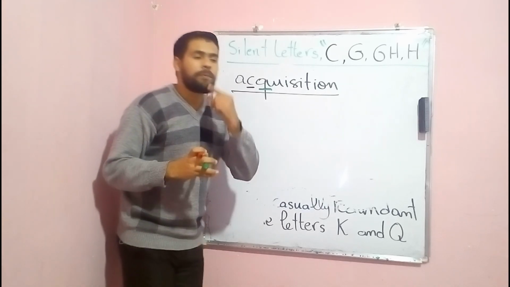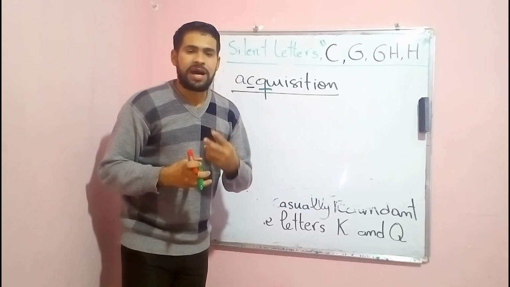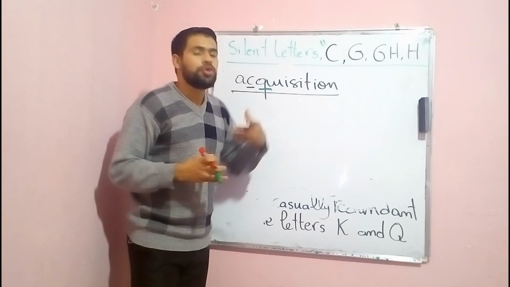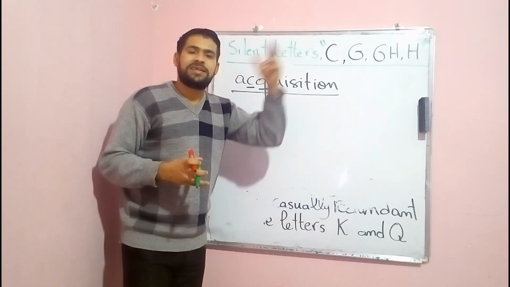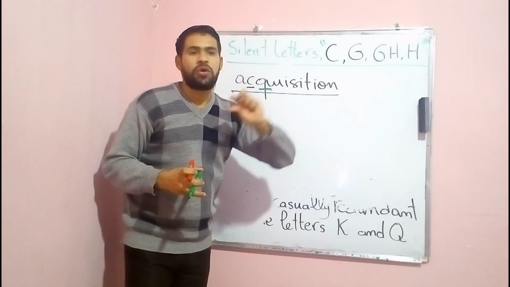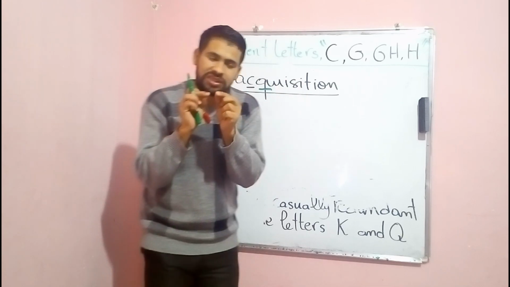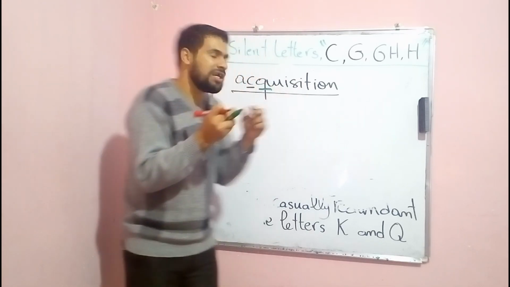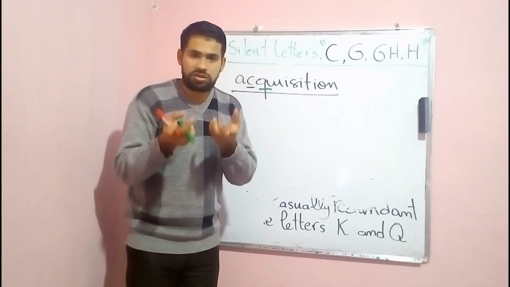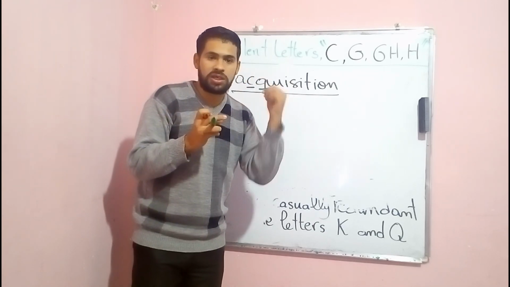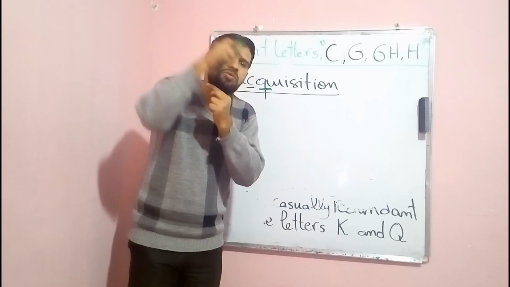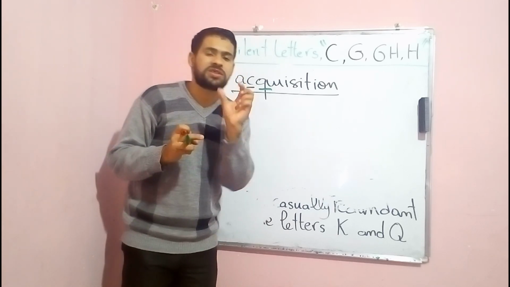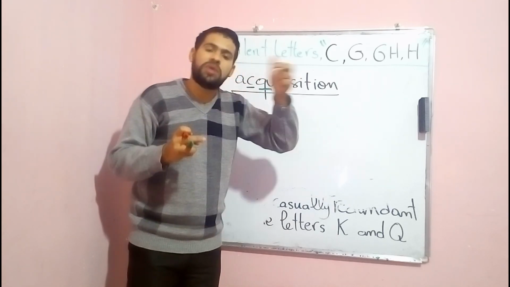So now when I pronounce it, I don't say "acsition", I say "akwisition". I redound the sound of the letter C here, which is K. It's not pronounced C, it's pronounced K here. So I redound it with the letter Q to have the sound.